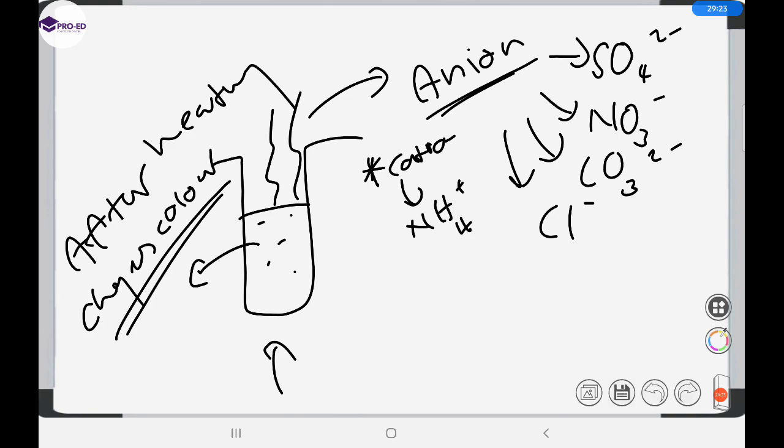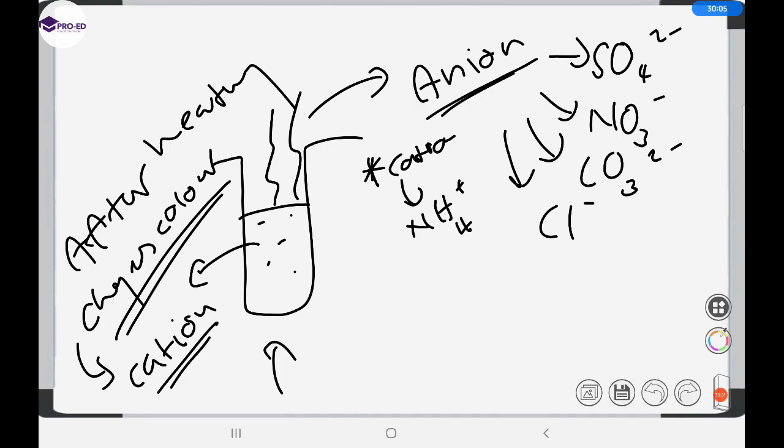But if it is like zinc or lead and these kind of cations, the change in color will tell you what the cation is. So the change in color will indicate what cation is present, but only for very special situations, not for any cation, for special case cations, like I told you, maybe lead, zinc. We'll come to all those things.